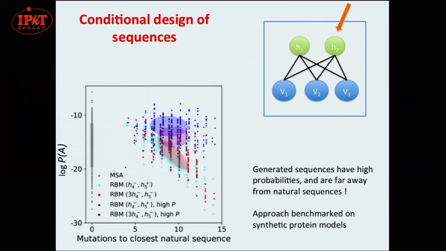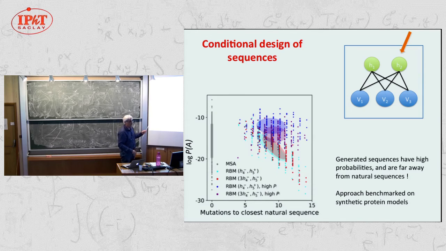You can compute, for instance, the probability scores of these sequences given by the machine, and they are actually pretty high. So two things: the scores are very high, comparable to the natural sequences, and they are not just minor variations of the natural sequences. If you look at the Hamming distance between these generated sequences and the natural ones, they are far away.